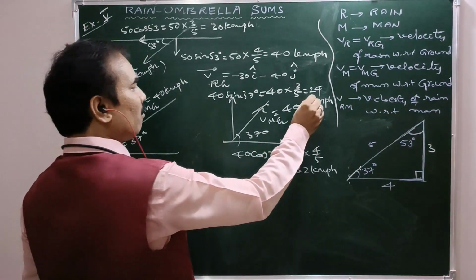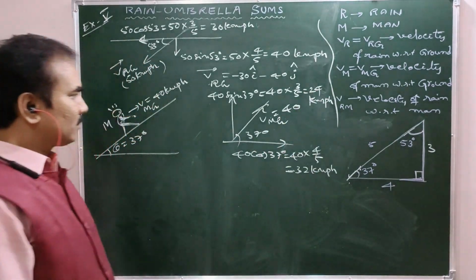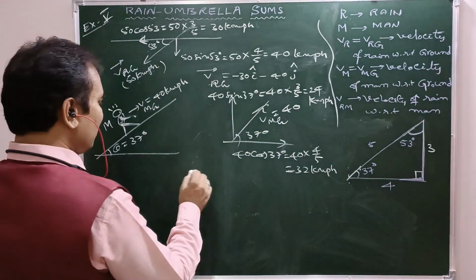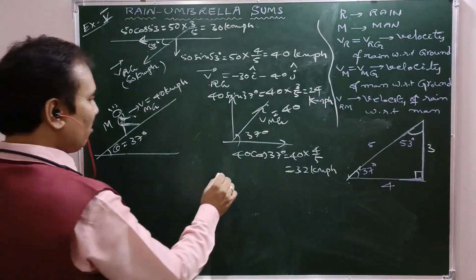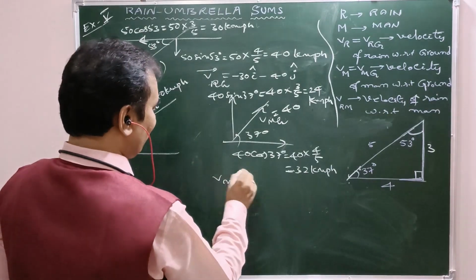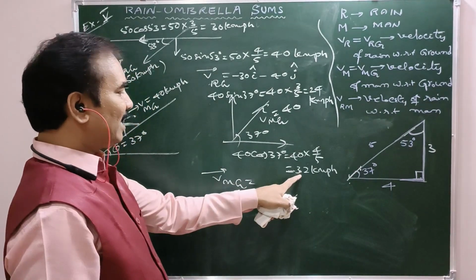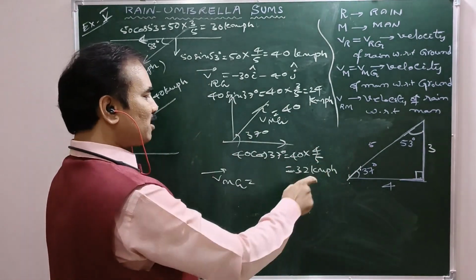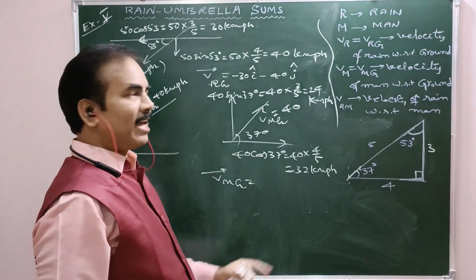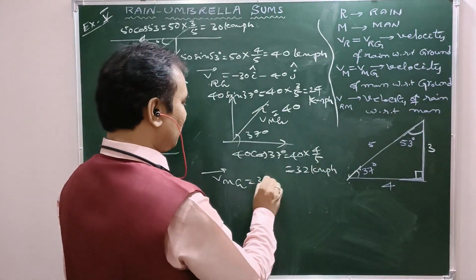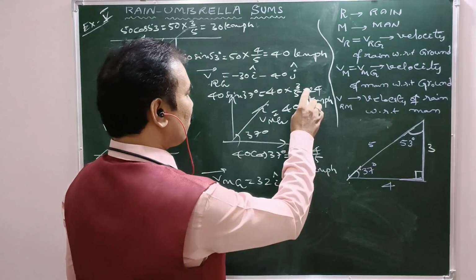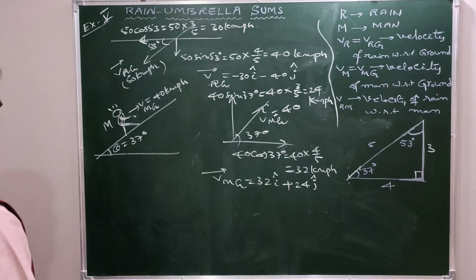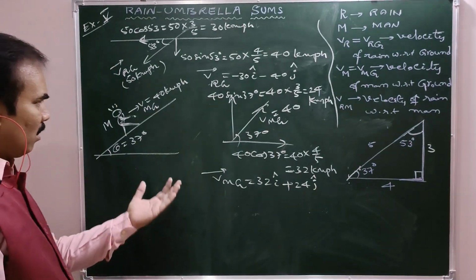Right? 24 kmph. Now what is VMG in vector notation? VMG bar equal to 32 i cap plus 24 j cap. This is the positive x direction, i cap, and here it is the positive y direction, j cap.